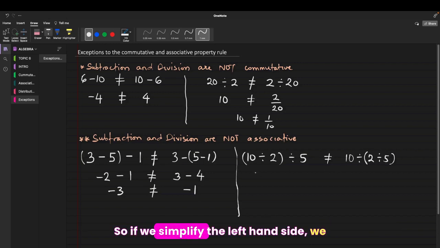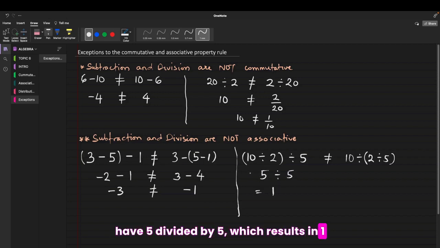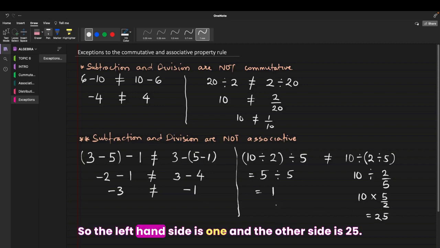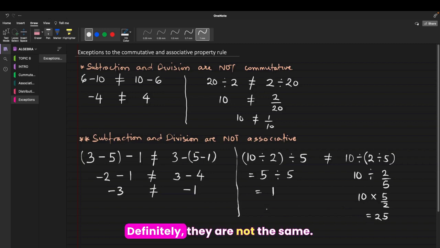So if we simplify the left hand side, we have 5 divided by 5, which results in 1. And for the other side, we say 10 divided by 2 over 5, right? So this becomes 10 times 5 over 2, which becomes 25. So the left hand side is 1 and the other side is 25. Definitely they are not the same.